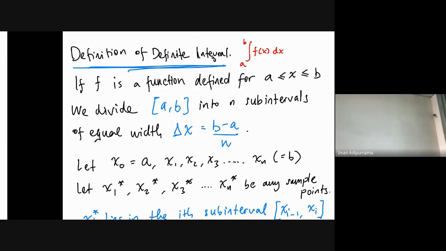If we define our x starting from a, then x1, x2, x3, the distance from a to x1 will be delta x, and the last point will be b, and all the x with the asterisk are our sample points.